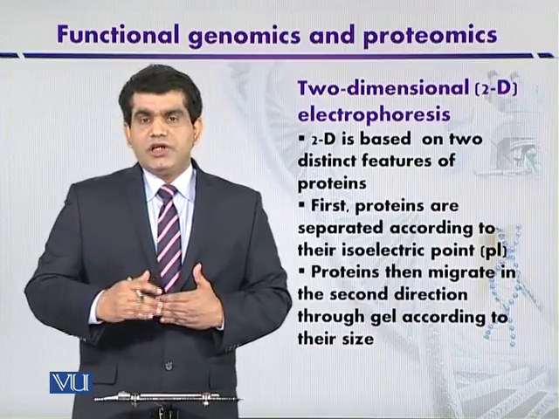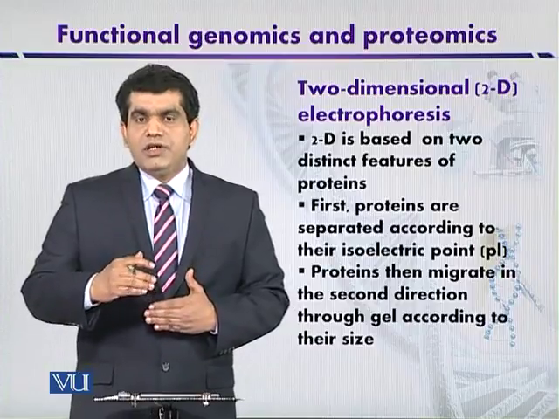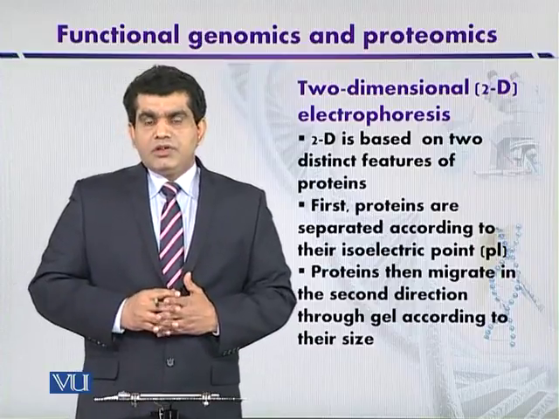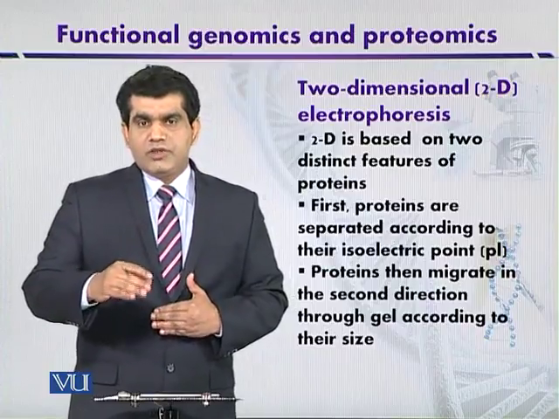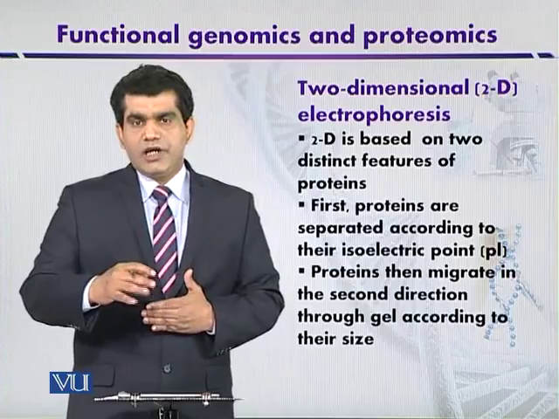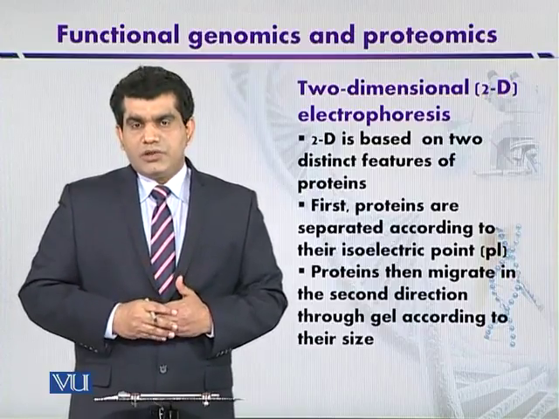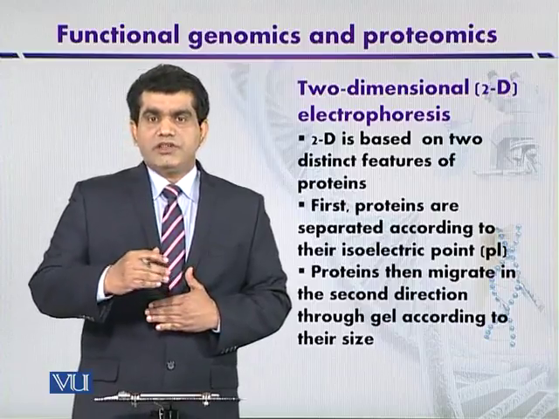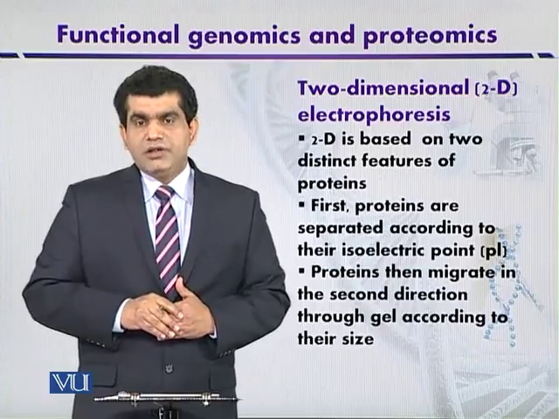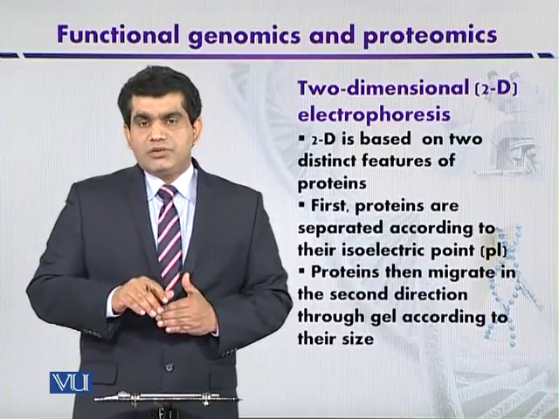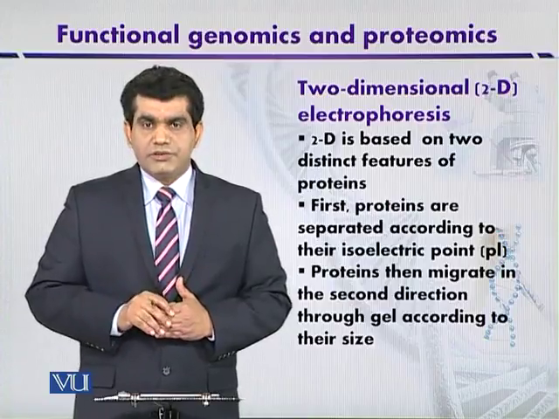So proteins are resolved on the basis of their isoelectric point in the gradient of pH. Proteins move in one direction, maybe towards the cathode from the anode, depending on what charge they have, until they reach the isoelectric point. Now proteins are separated in one direction, and then a perpendicular charge is applied that will result in the separation of proteins on the basis of their molecular weight.